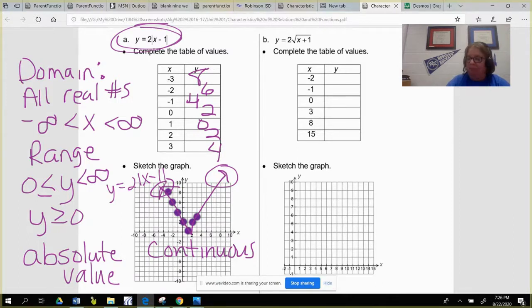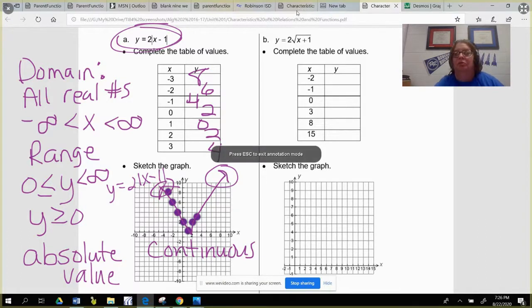One more. This one is 2 times the square root of x plus 1. So you can already tell what kind of parent function it is, but we'll look at the graph in a minute. Complete the table of values. So we can go to Desmos.